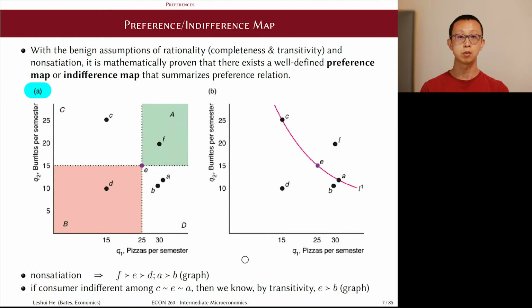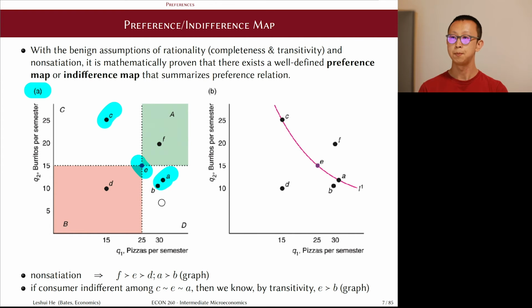However, if you look closely at the graph, although we're able to say by non-satiation that any combination in area A is preferred to any combination in area B, it's very difficult for us to make a comparison between combinations such as C versus E versus A or B here.